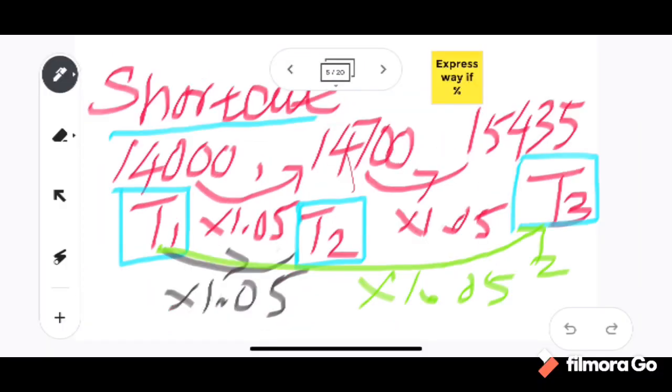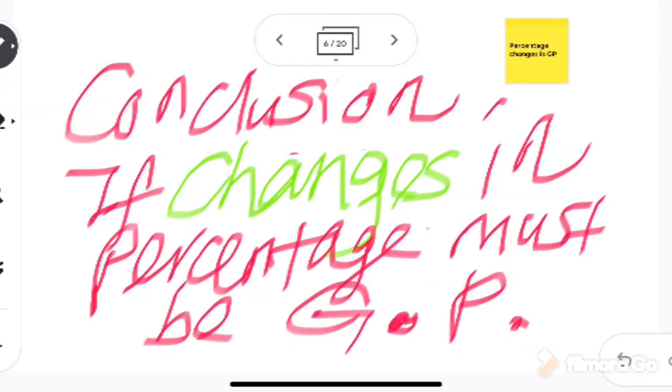Settled. Now for the next part, you have to determine the common ratio. R is 1.05, and for the other one, T3 over T2 is 1.05. Then the common ratio is 1.05. That is the proper step to show this is a GP.